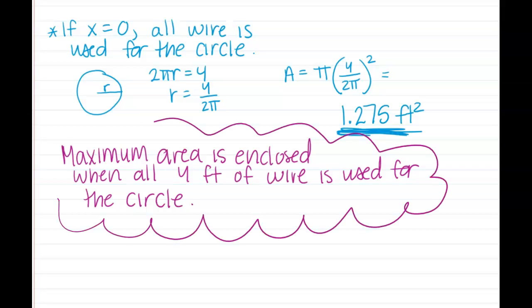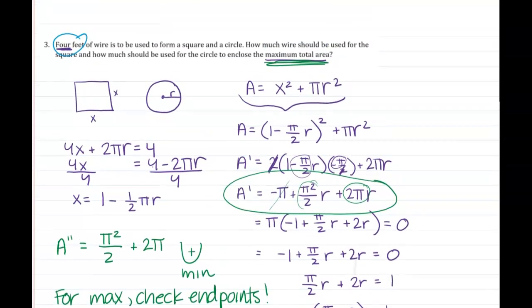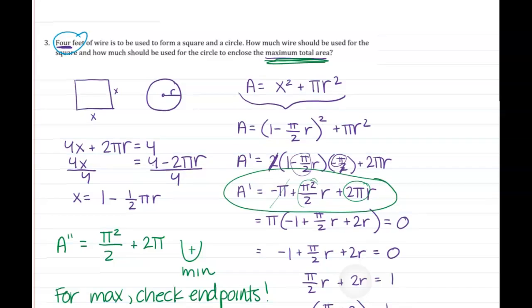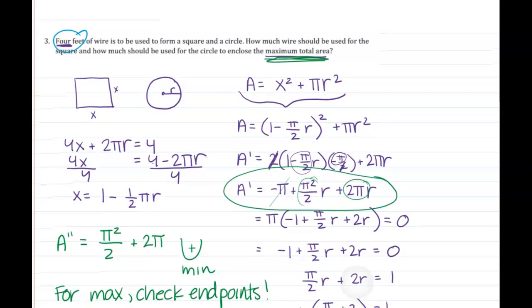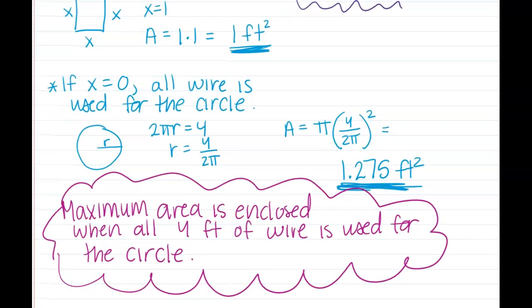And one more time, I'm just going to check and make sure I answered the question. How much wire should be used for the square and how much should be used for the circle to enclose the maximum total area? So I answered it. All 4 used for the circle.